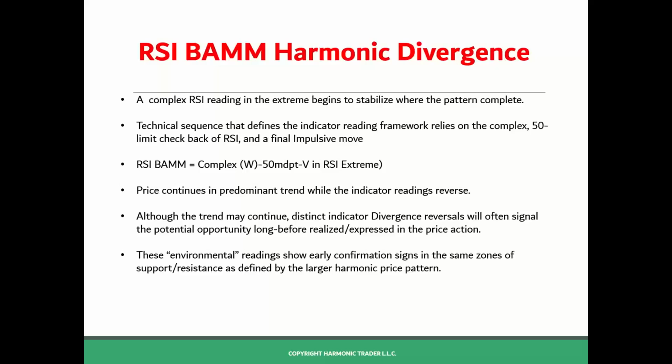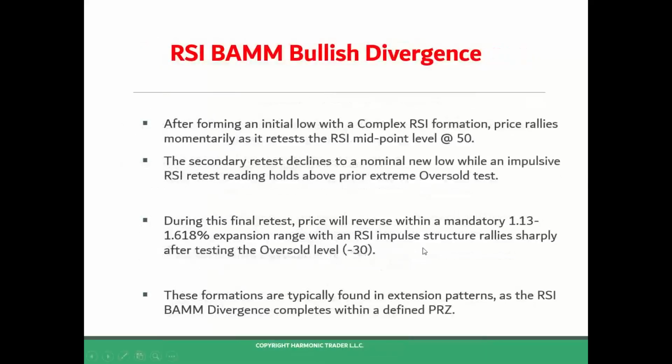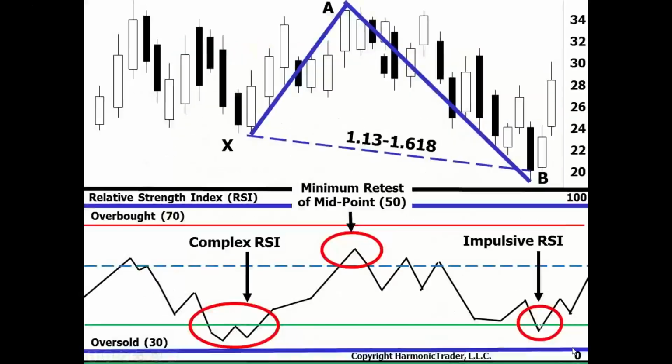Where then we know we've got multiple formations in RSI. I like to call them environmental readings because really the RSI BAMM is a specific type of environment. The bullish divergence, again, we start with a complex oversold reading, and then the final retest is either going to occur at a 1618 or a 113. And it sets up like this, guys.